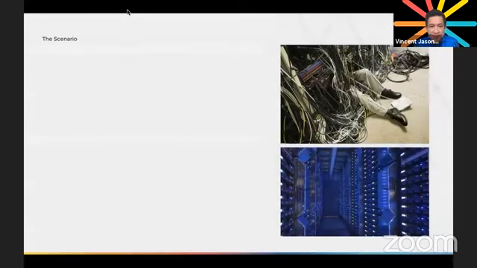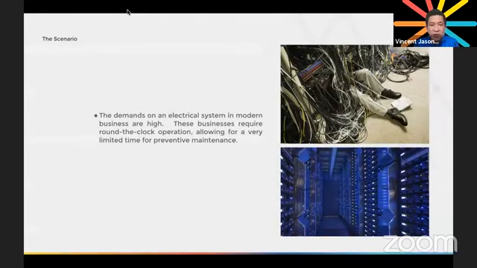So here's the scenario. The demands on your electrical system are very high. Your businesses require round-the-clock operation, allowing for a very, very limited time for preventive maintenance. I remember preventive maintenance, particularly for transformers, used to be 3 days, 4 days.